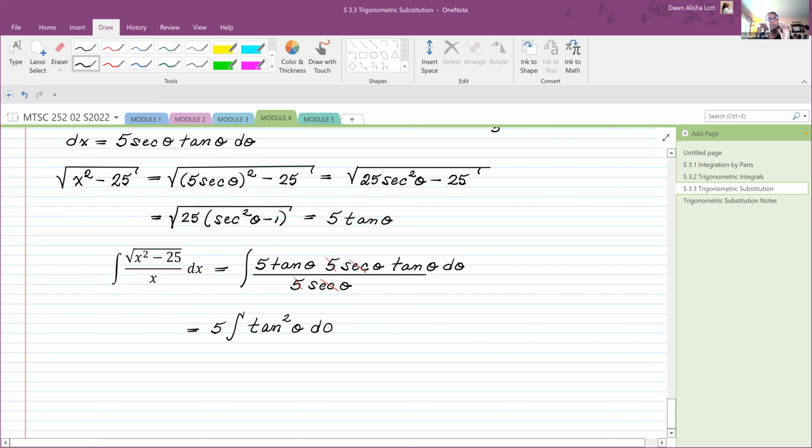d theta. Okay, how do I integrate that? How do I integrate tangent squared theta? Anybody?